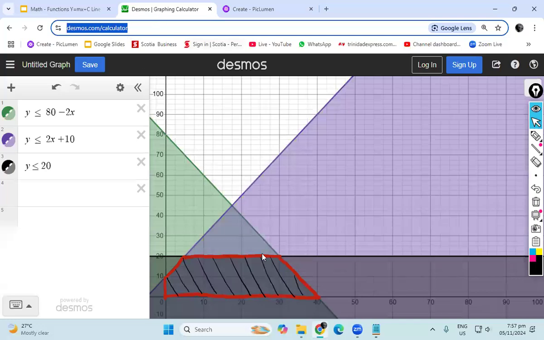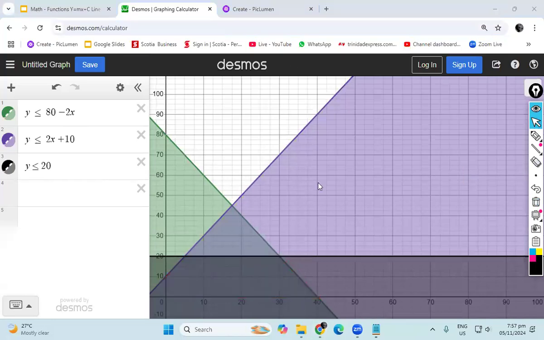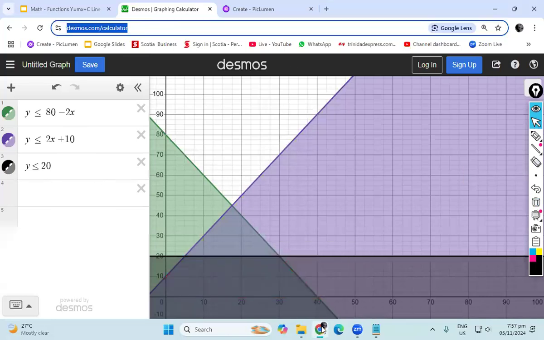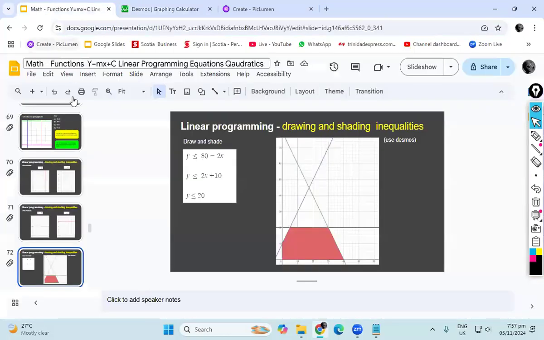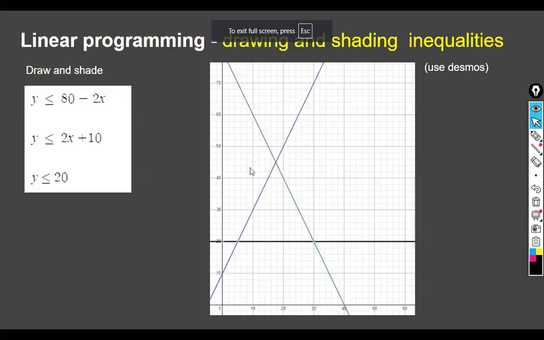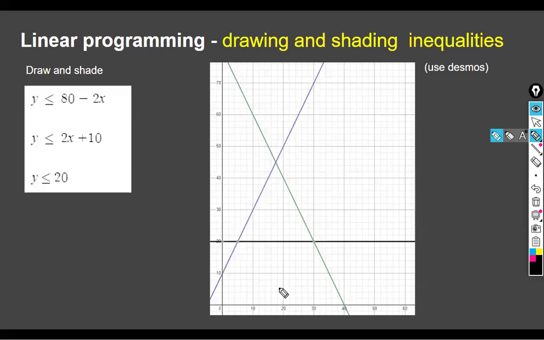All right, so let's move back to my slides now. There are my slides. So these are the same three graphs from just now. For the green graph, remember, you had to imagine which part the shading was.